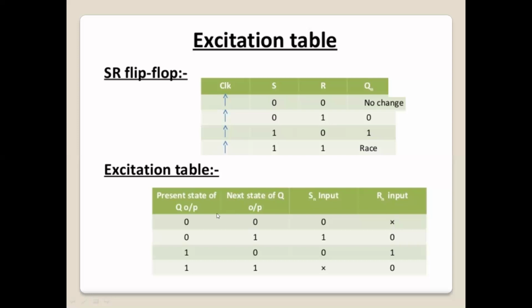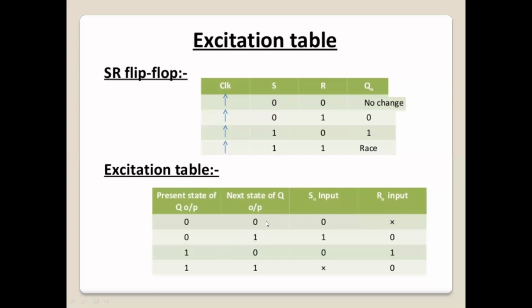So first here in the excitation table, for the first condition, present state 0 and next state 0, we can take 0x, 0 don't care. And similarly for the second condition, present state 0 and next state 1. For that, what all inputs can come for getting this desired output?